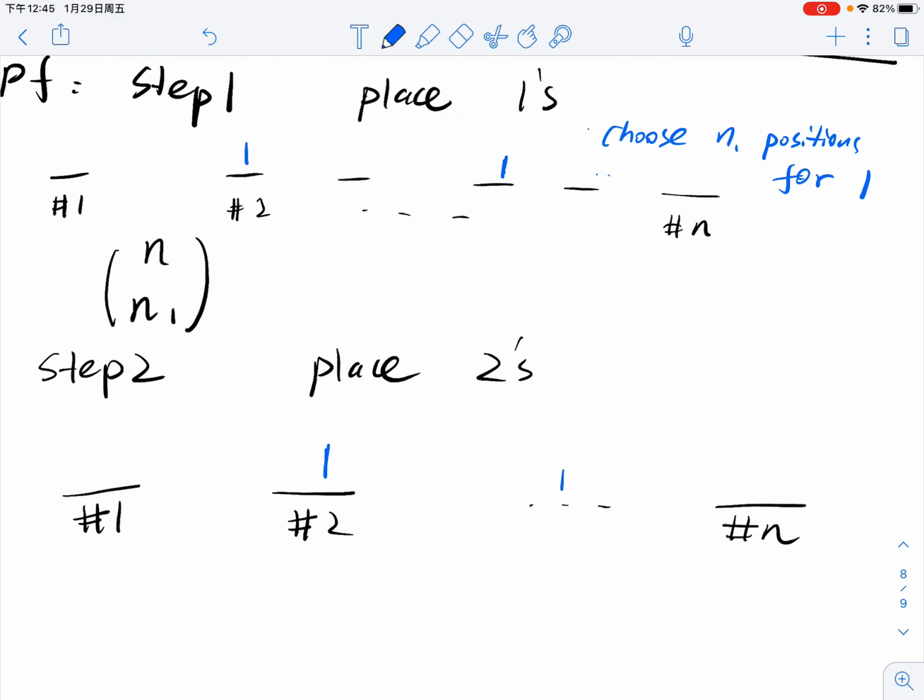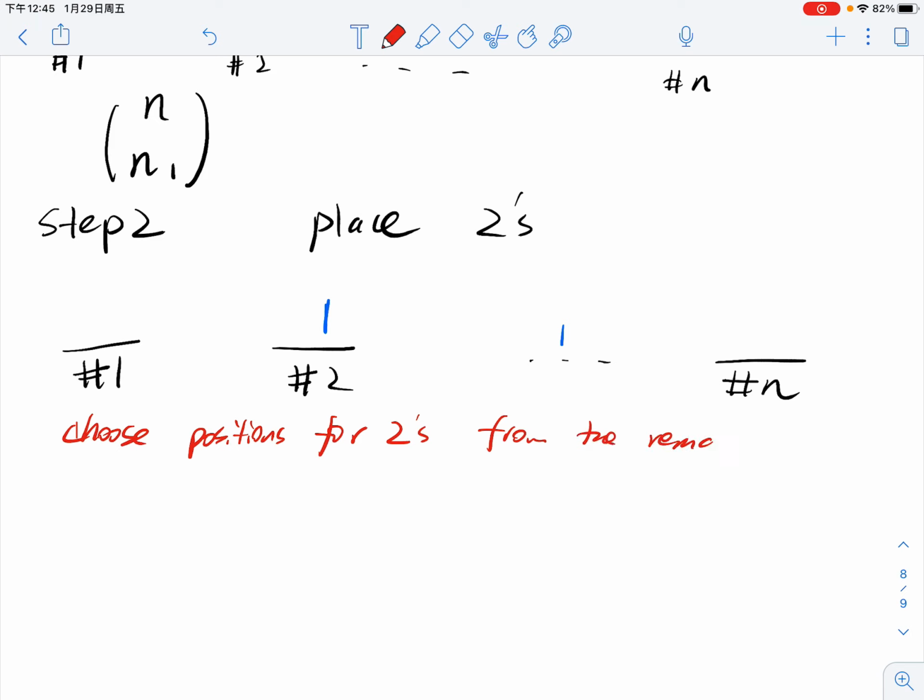Your job is to choose positions for 2's from the remaining blank positions.